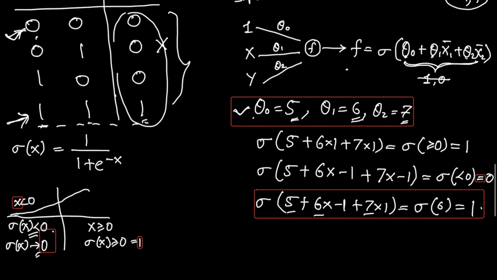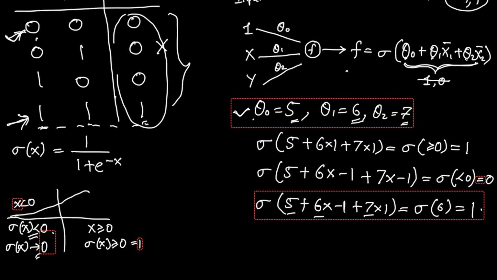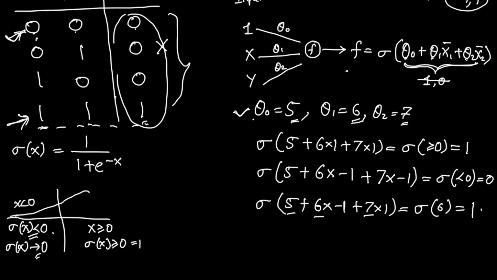If both the values are -1, I should get 0. That basically means that this sum should become higher than this quantity, and in negative this quantity should become higher than theta naught. Then and only then the sigma of your input would become negative and we will get the negative output.